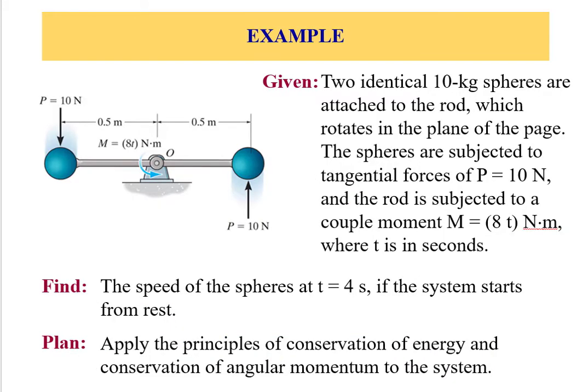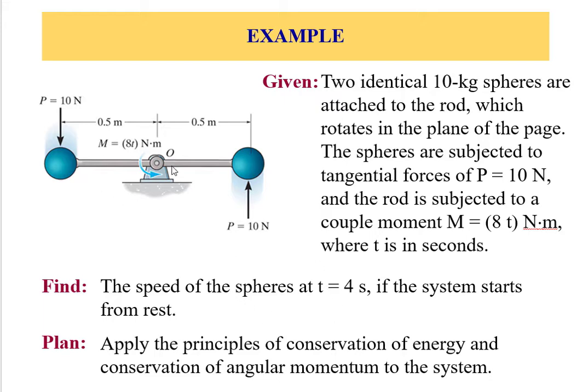Let's take a simple problem. We have two identical masses, so this is a system of particles. We have 1 and 2 attached to a rod. We assume that the rod doesn't have any weight, so it's negligible. These two masses are under external forces, P equal to 10 Newton and P equal to 10 Newton. Together they cause rotation counterclockwise.